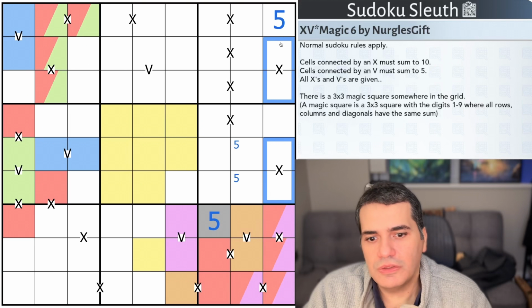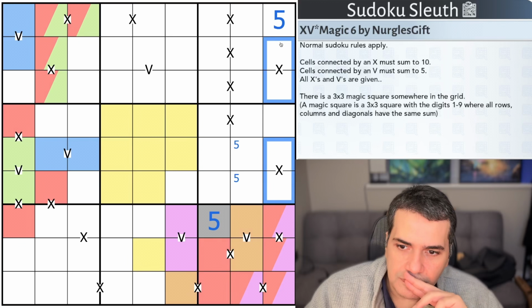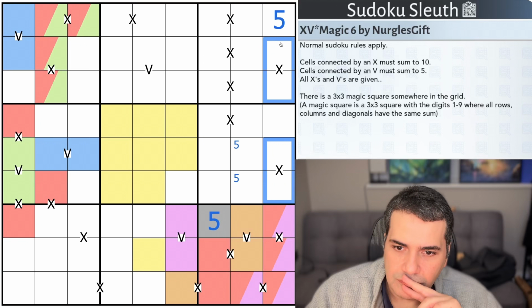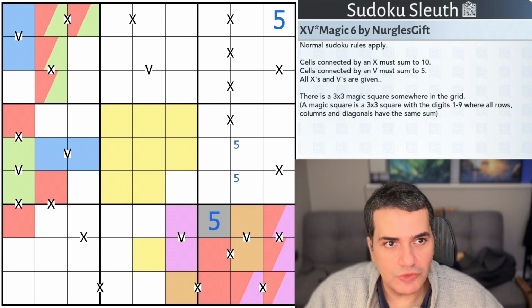Wow, this is a very tricky puzzle. Excuse me. Sorry, I'm just going to hit the pause button.